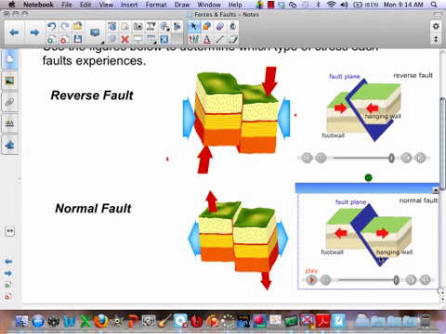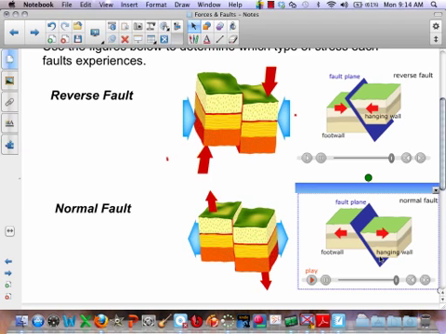Now again, the difference here, when you look at the difference between the reverse fault and the normal fault: a reverse fault has that hanging cliff face, and a normal fault, we still get a waterfall, right? We're still going to get a waterfall right here, but it's angled back. Okay, that's probably the easiest way to tell the difference between a normal fault and a reverse fault.